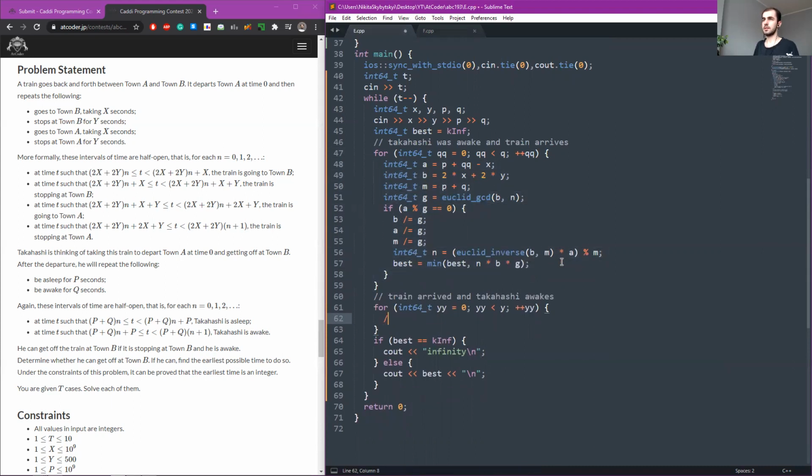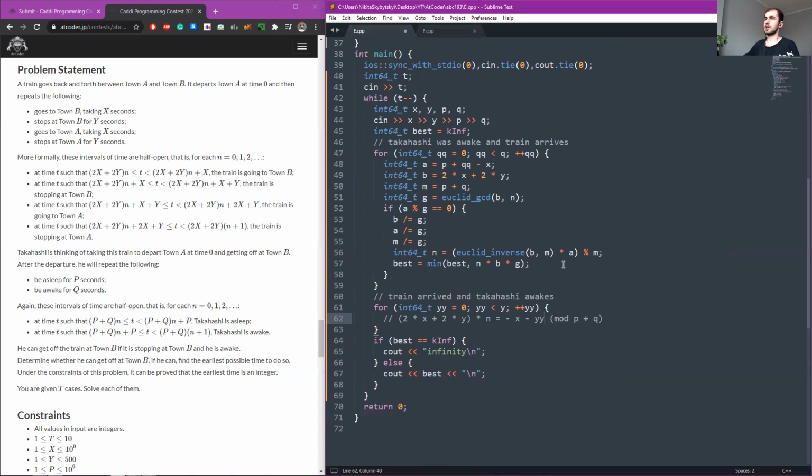Now, what equation are we solving here? Train arrived some time ago, so we have 2 times x plus 2 times y times some m plus y. No, plus x plus y equals 0 modulo p plus q. Solving again for this guy over here.